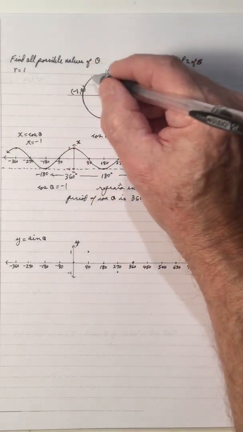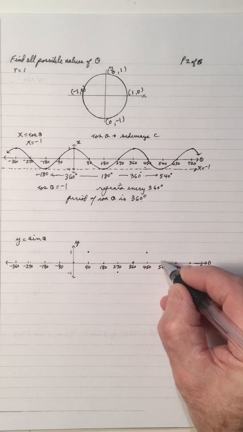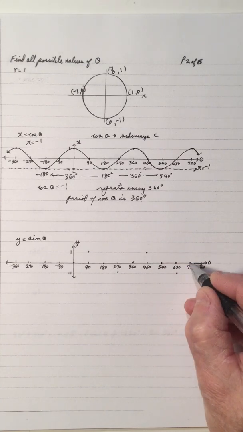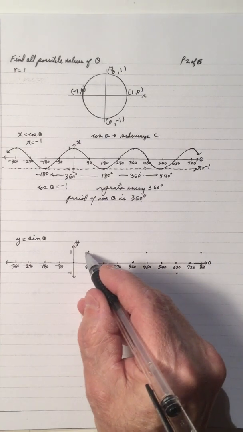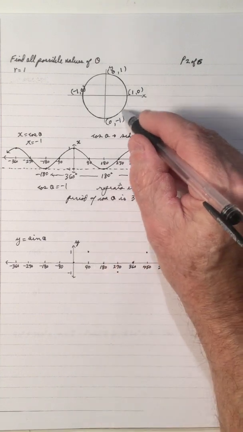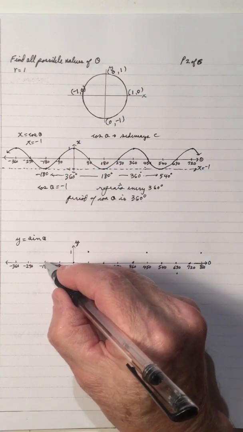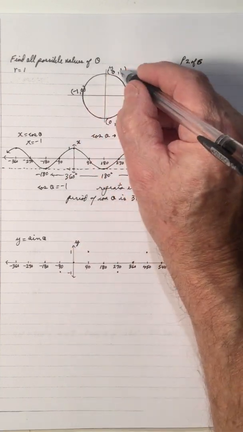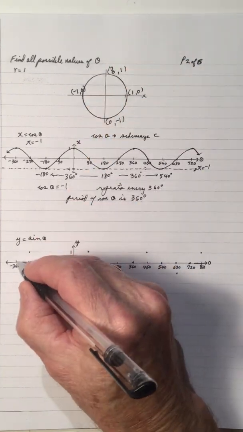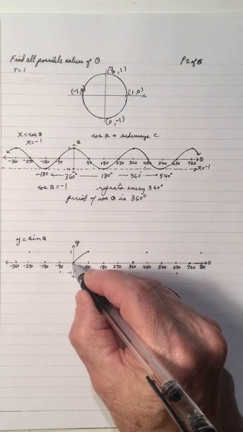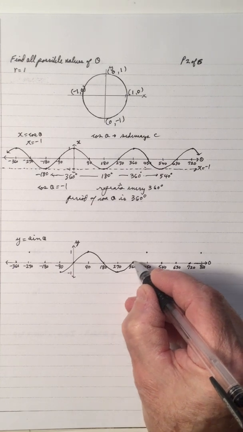If we keep going around, we get 1, 0, -1, 0, and back up to 1. If we go this way, at -90, y is -1, at -180, y is 0, at -270, y is 1, at -360, y is 0. So the sine graph is traced out like this, very similar to the cosine graph.